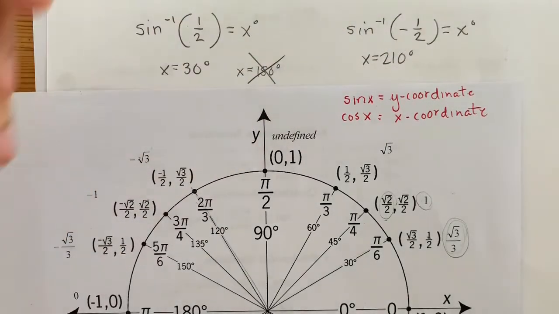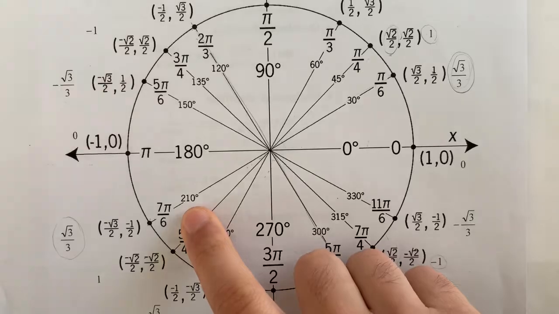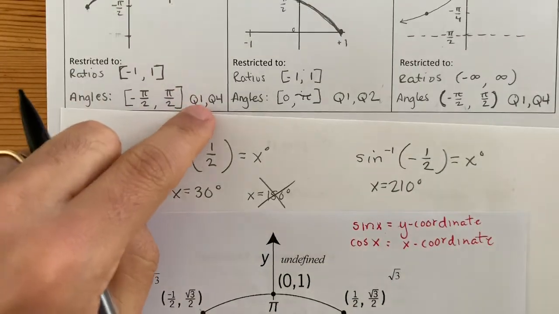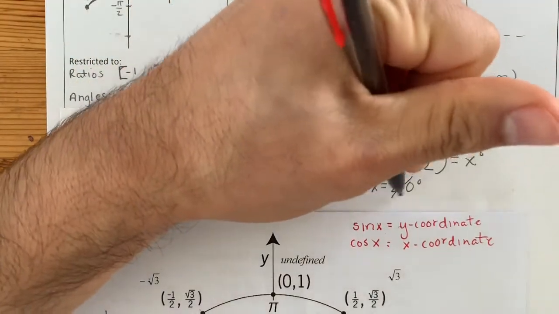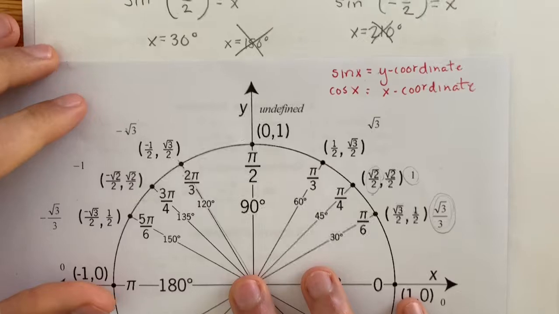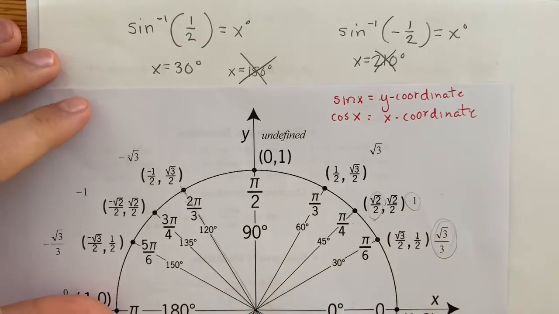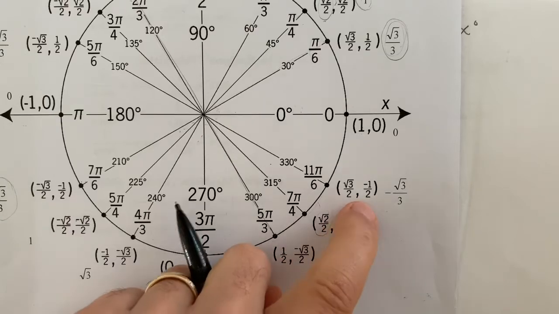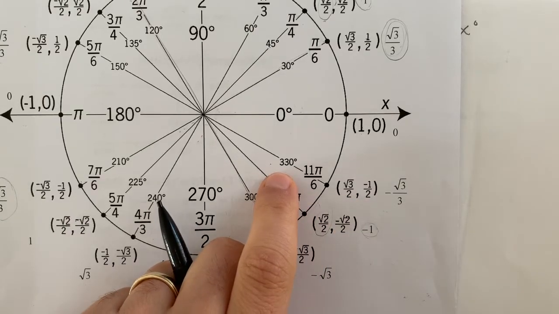But 210 would be in the third quadrant, and our restrictions say it cannot be in the third quadrant. So this is not the answer that the calculator is going to give. So there must be another one. The answer I can see also is negative 1/2 at 330 degrees.